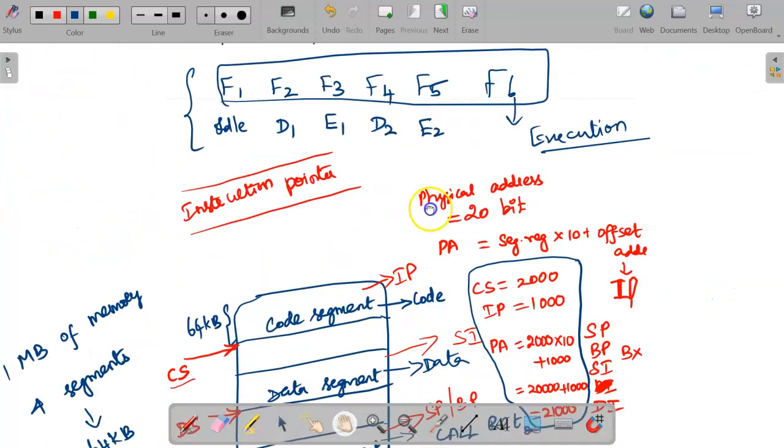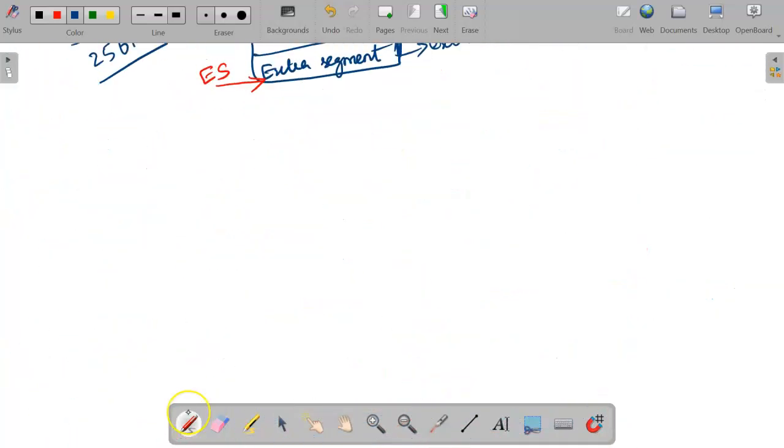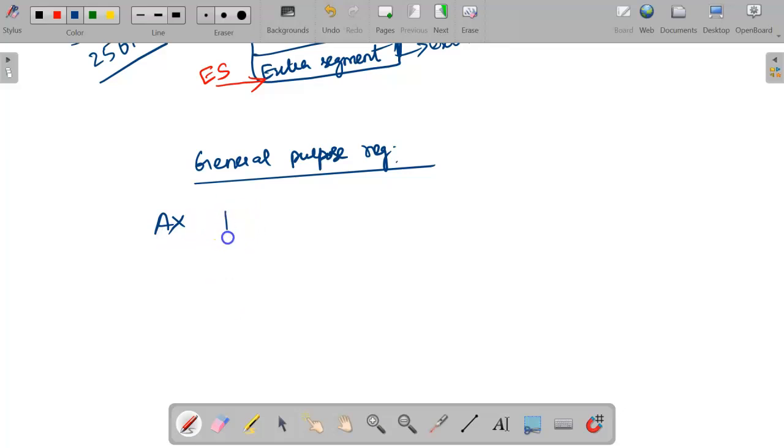So again, when we see the registers, we have general purpose registers. Totally we have 4 general purpose registers. As I said, the first is AX, which is a 16-bit register. It is split into two 8 bits, upper 8 bit and lower 8 bit.